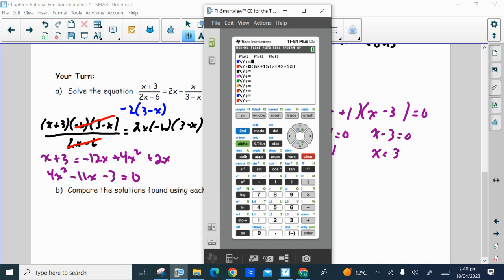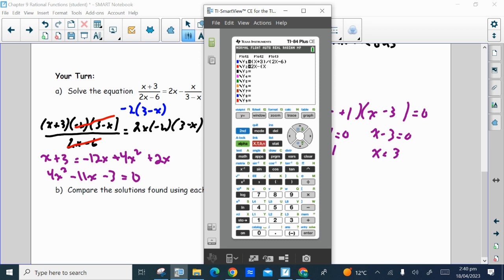So for the equation on the left, which is what we put in y1, we're going to have to use some brackets to keep the numerator and denominator together. And same thing with that second term for equation number 2.